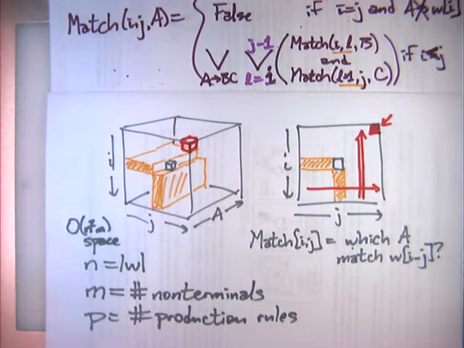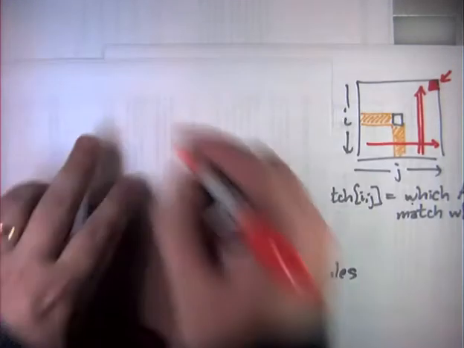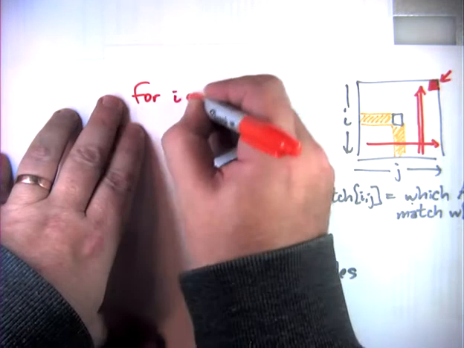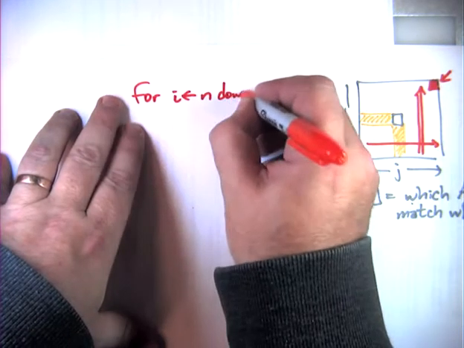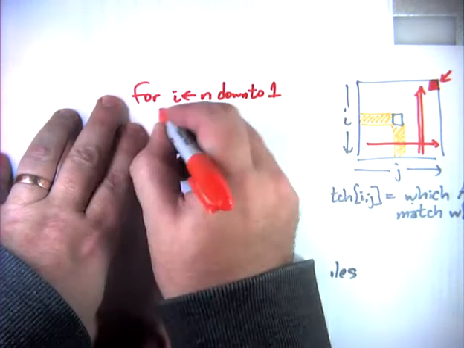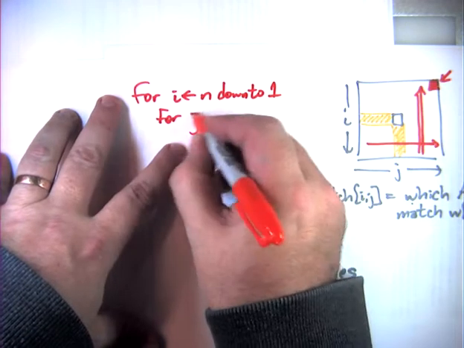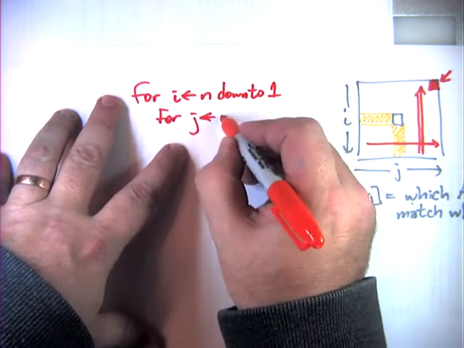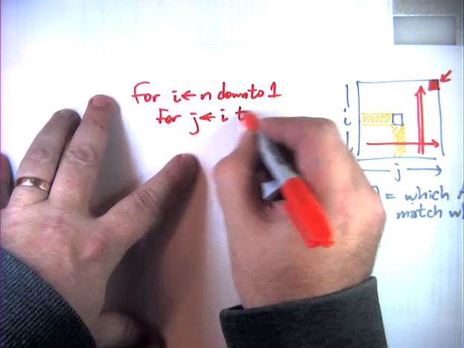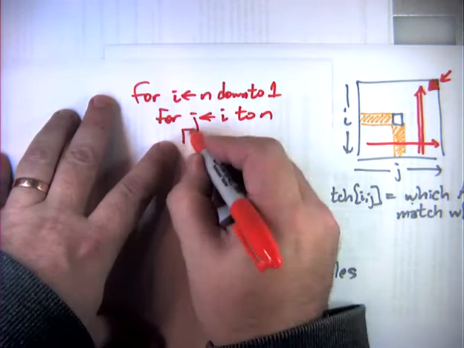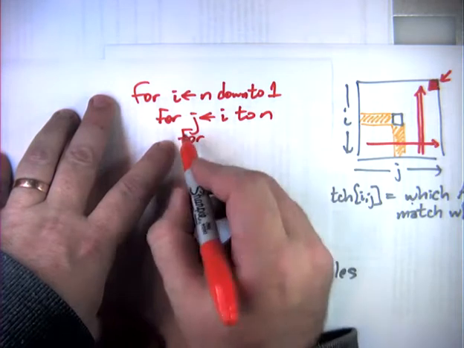So the code is going to look like, for i goes from n down to 1, for j goes from, well, in fact, j is always at least i. And then I'm going to consider all non-terminals in the inner loop.